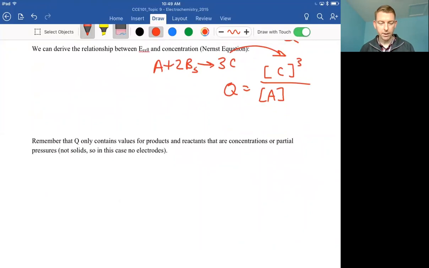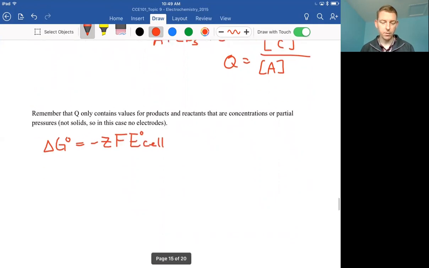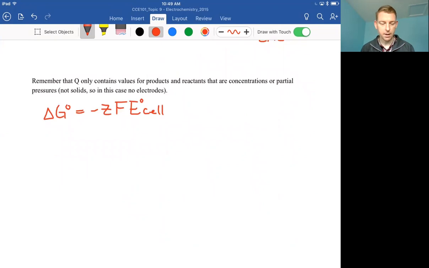Good. So deriving the relationship between the cell potential and concentration. Since we already know that the standard Gibbs energy is equal to negative moles of electrons times Faraday's constant times the standard cell potential, we can plug that directly into a new relationship that we might want to make for E. So for delta G we had delta G standard plus RT ln Q, right?